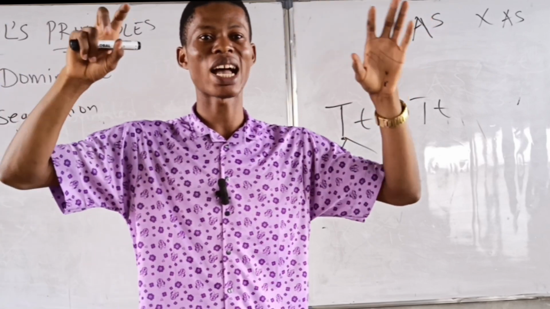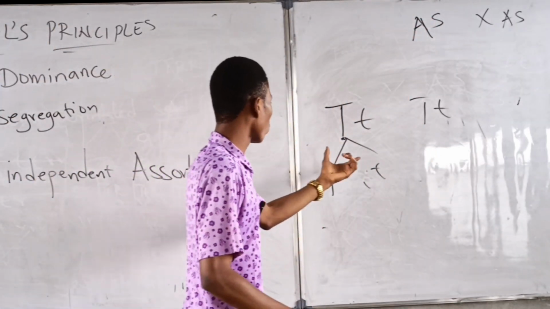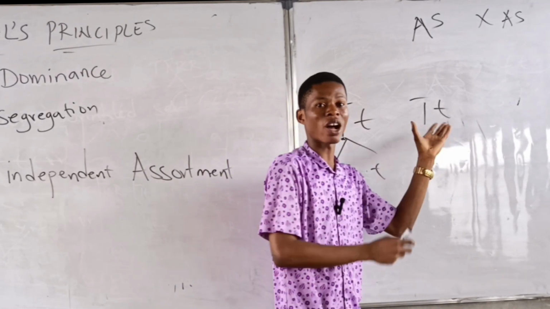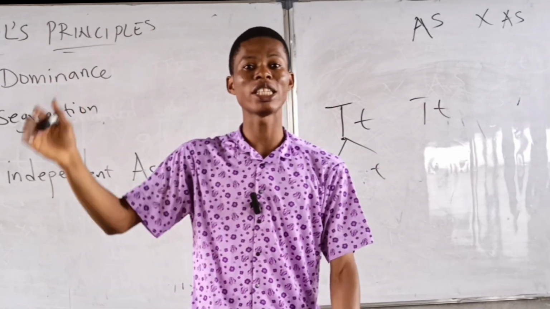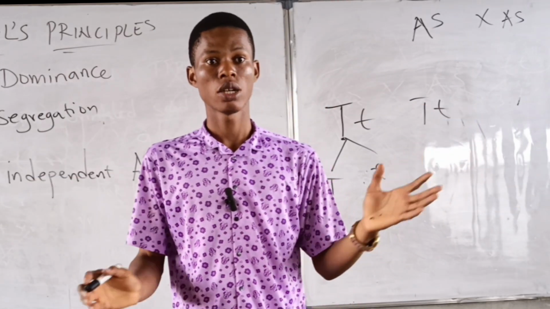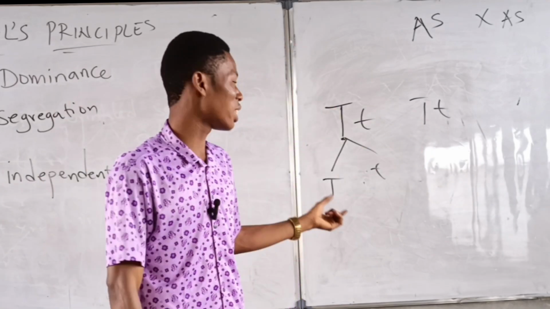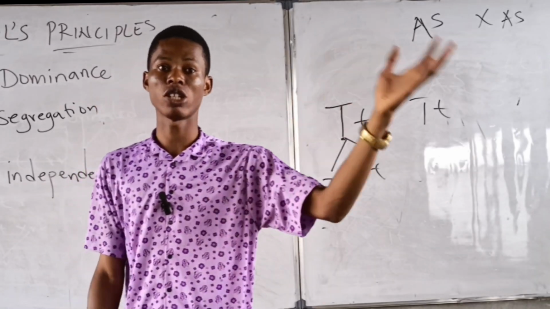Inheritance of genes is independent of each other, even in a single human being. The way this one segregates, the inheritance of this one is independent of another gene. So genes segregate and their inheritance is independent of another gene. Do you get that? We already know segregation, you are separating them from each other. And the way you are inheriting them is totally independent of another gene somewhere.